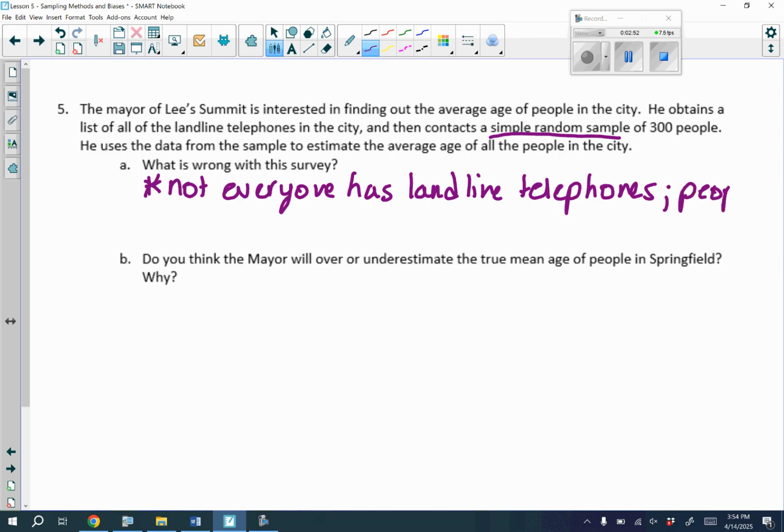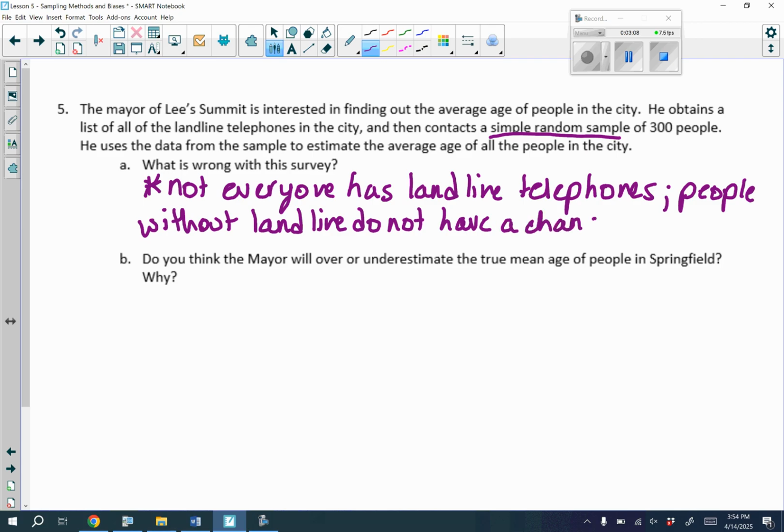People without landlines don't have a chance to be part of the survey, especially maybe the younger group. Since there are people that cannot be part of the survey, this is what we would call under coverage, because not everybody is able to be part of the survey.